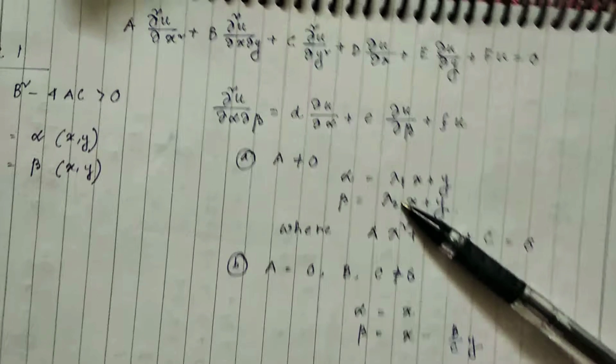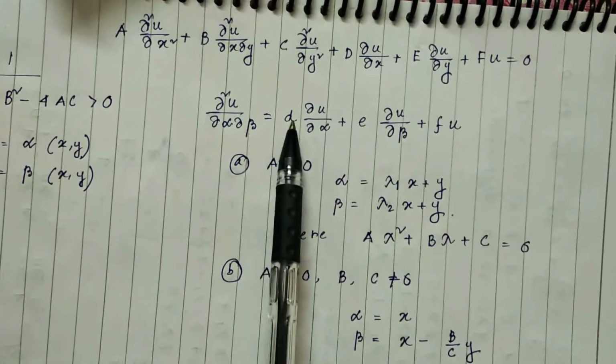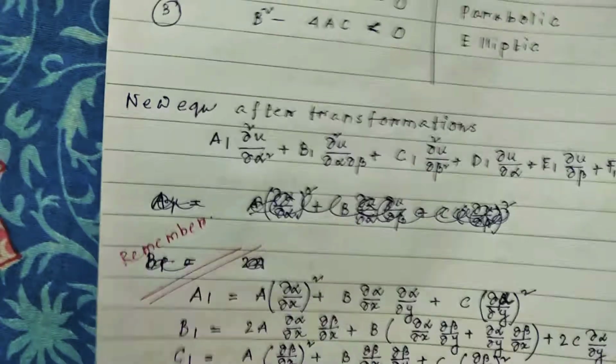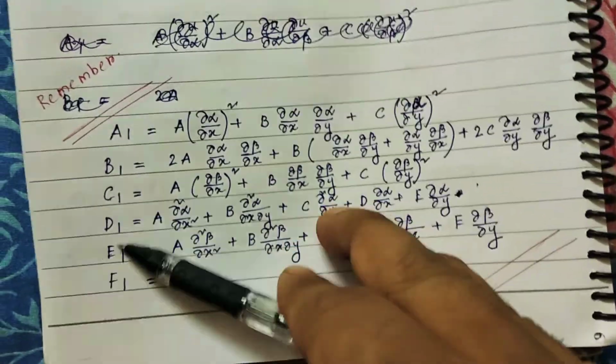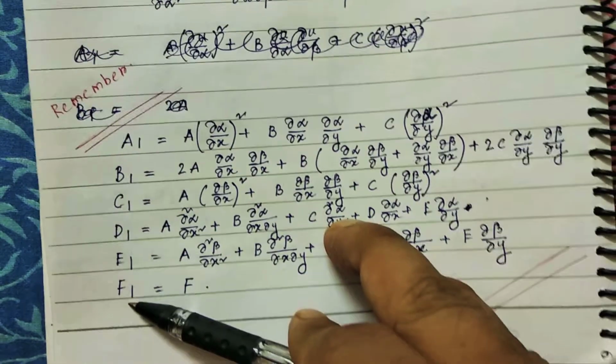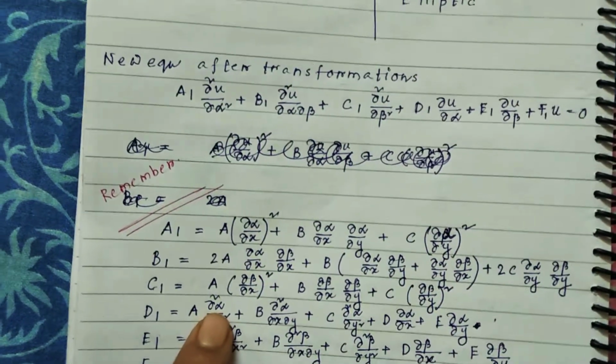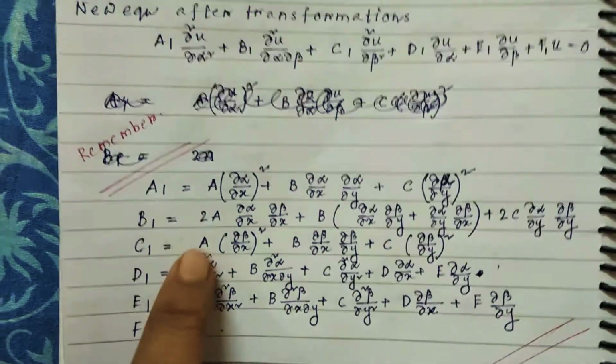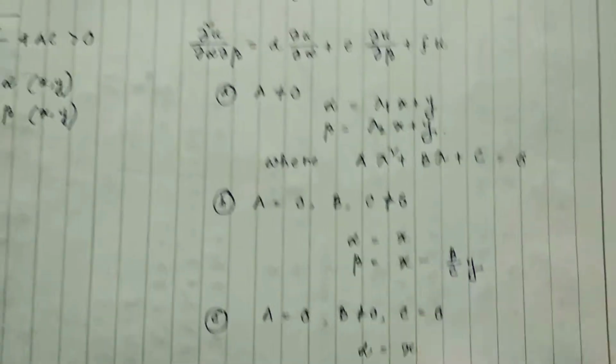So if you take this transformation, you can at once reduce this equation to these equations. And how to find d, e, f? It's very simple. Since you know the transformation, you can easily calculate del alpha del x, del 2 alpha del x2, and all these things from these transformations.